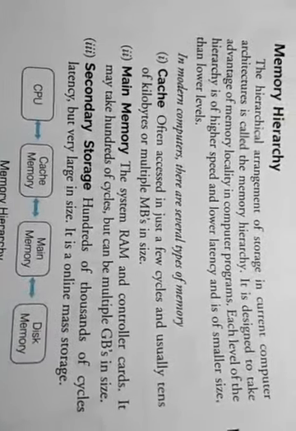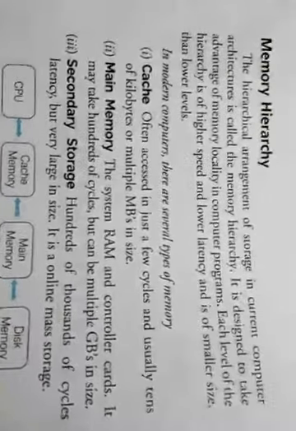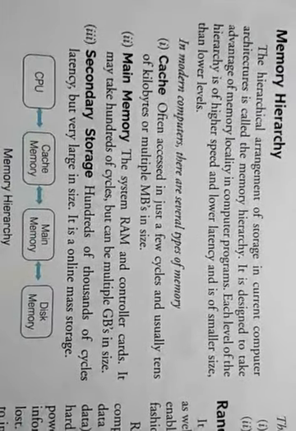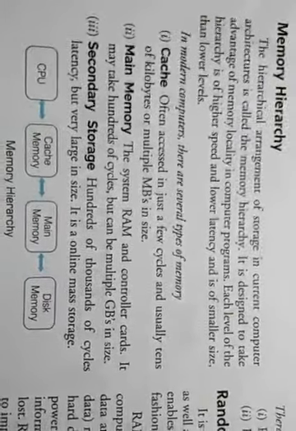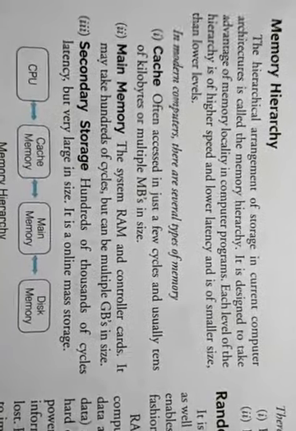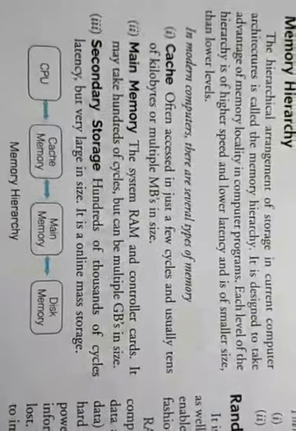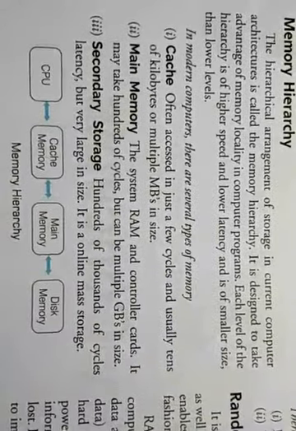So here you can see the memory hierarchy. At the lowest level there is the disk memory. Disk memory is called secondary memory. After that there will be main memory. Main memory is called RAM, and next to that one will be cache memory.